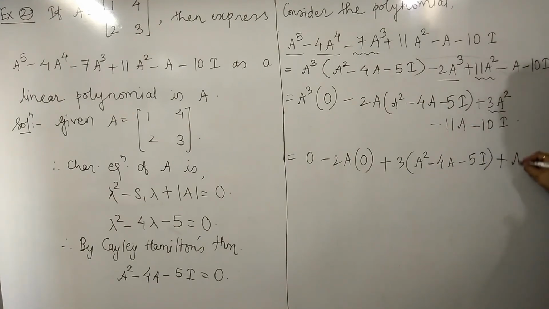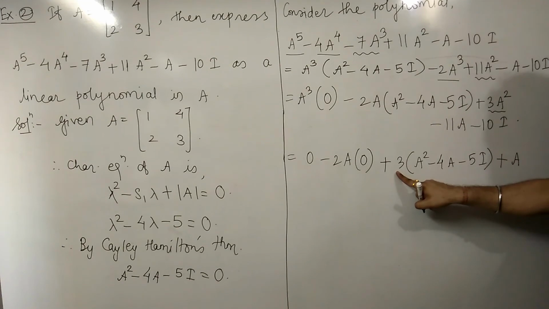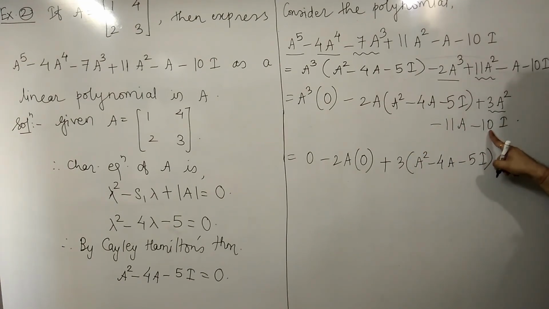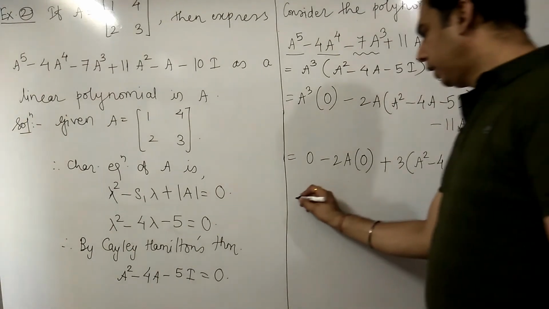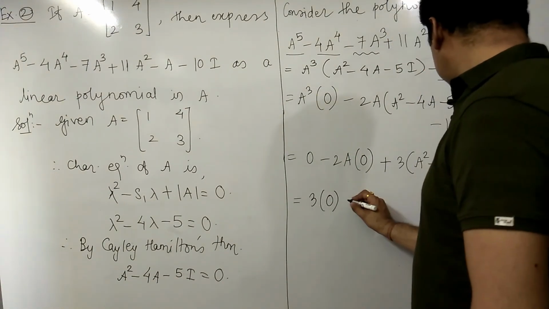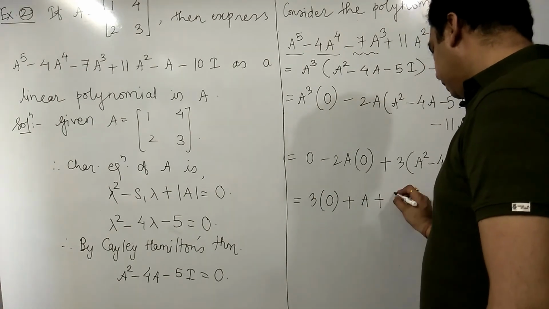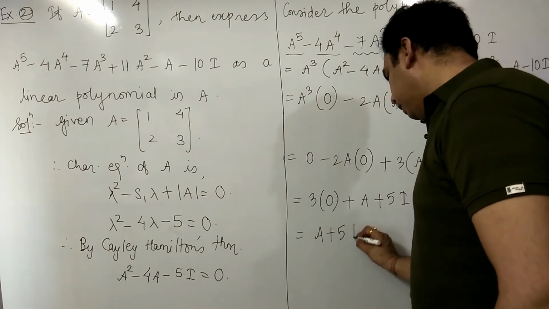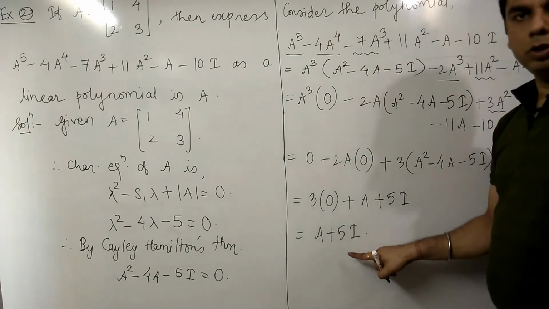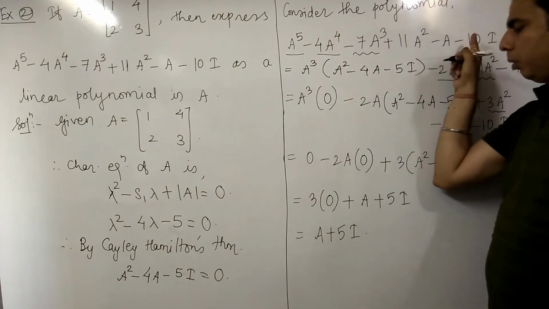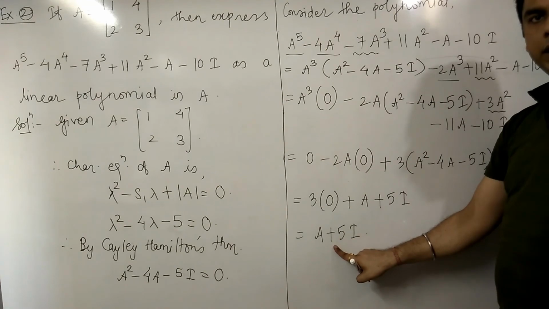So we must write here plus A, and then 3 into 5, 15I, minus 15I, here we have minus 10I, so we must write here 5I. So at last we will be getting 3 times the null matrix plus A plus 5I. So this A plus 5I is the required polynomial of degree 1. So we have expressed this polynomial as a linear polynomial of degree 1.